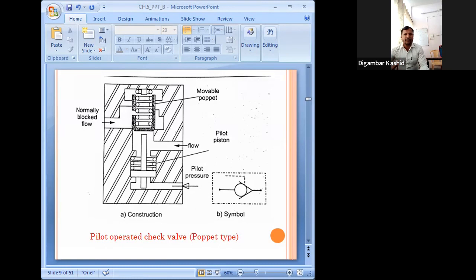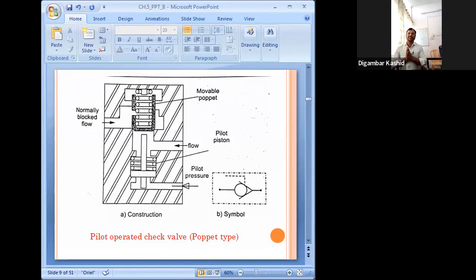Sorry, actually, that pilot pressure, that means oil, you have to take from this one. Due to the pressure of this pilot, you can move this pilot piston in the upward direction. That means the spring will compress, and by compressing that spring, flow will pass from this one to this port. That time it will open.